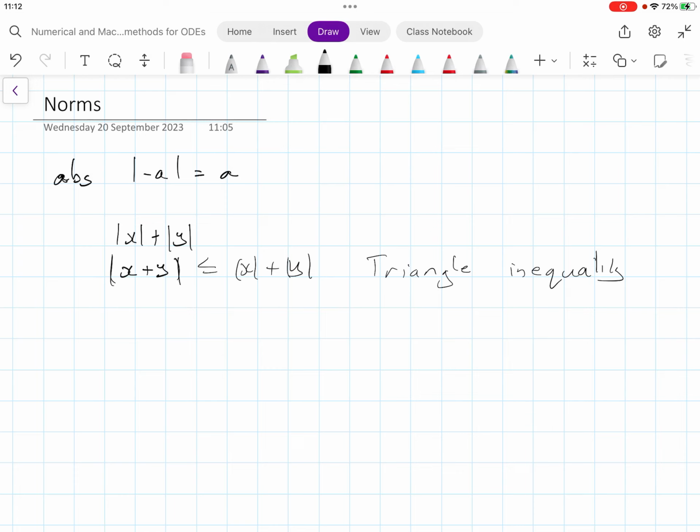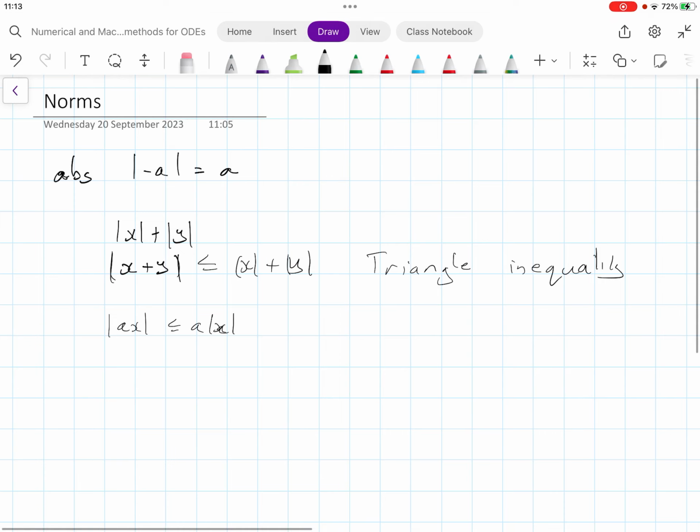Also, we have this nice property that the absolute value of a times x is equal to a times the absolute value of x. There's going to be a lot of times where we're going to be using the triangle inequality to give a very conservative estimate of the solution, saying this could be the worst case scenario and so forth.